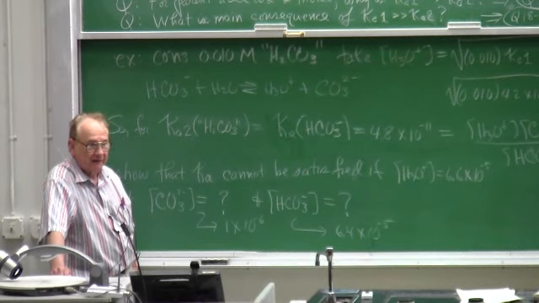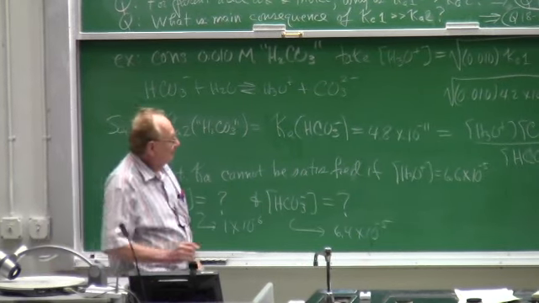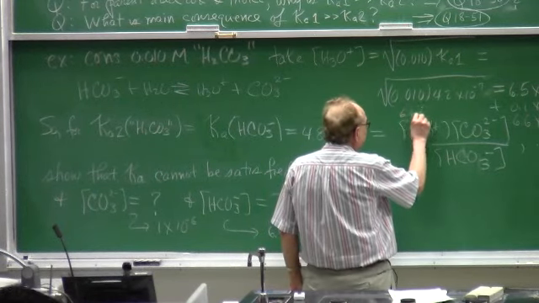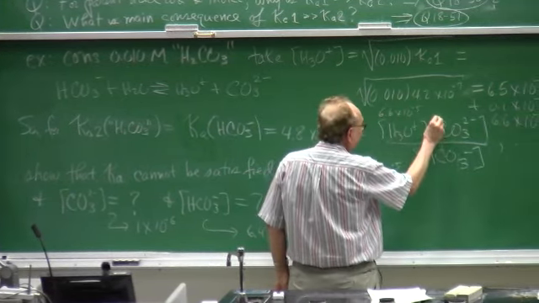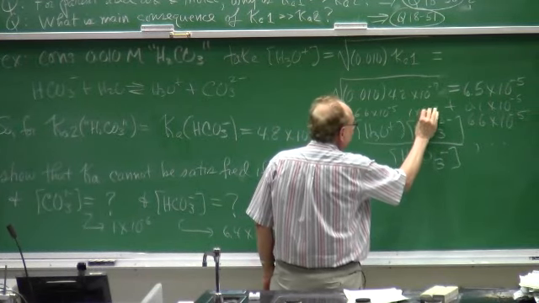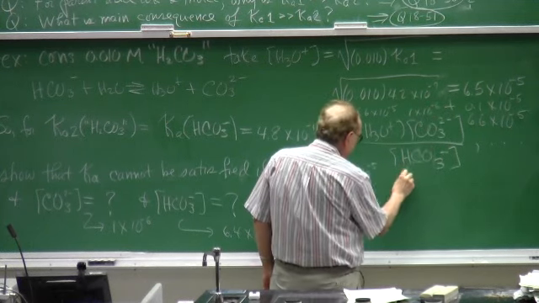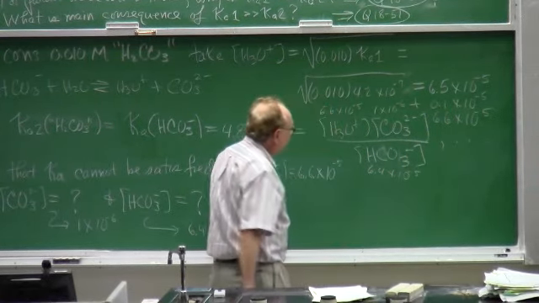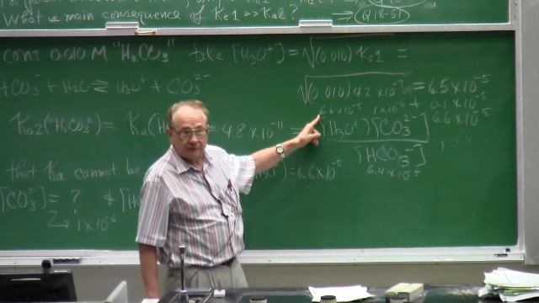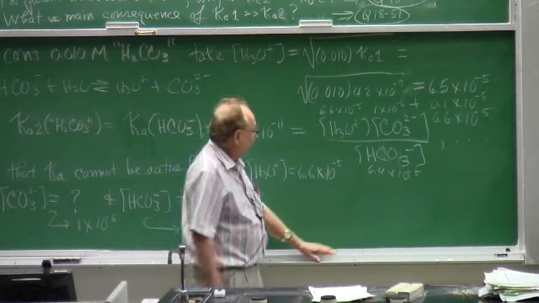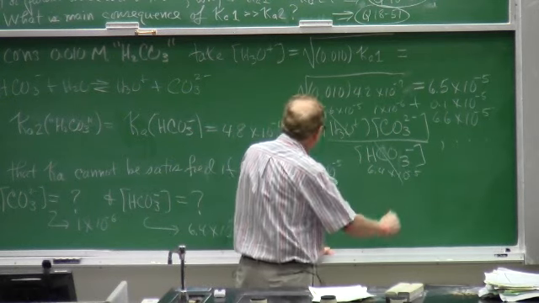Okay so far? Let's put these numbers in. 6.6 times 10 to the minus 5. 1 times 10 to the minus 6. 6.4 times 10 to the minus 5. Do you agree that 6.6 times 10 to the minus 5 and 6.4 times 10 to the minus 5 are about the same? All right, so we'll take the liberty of doing this.